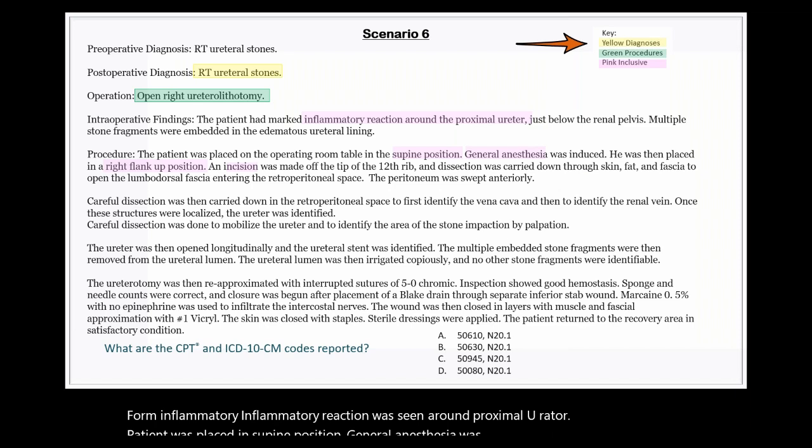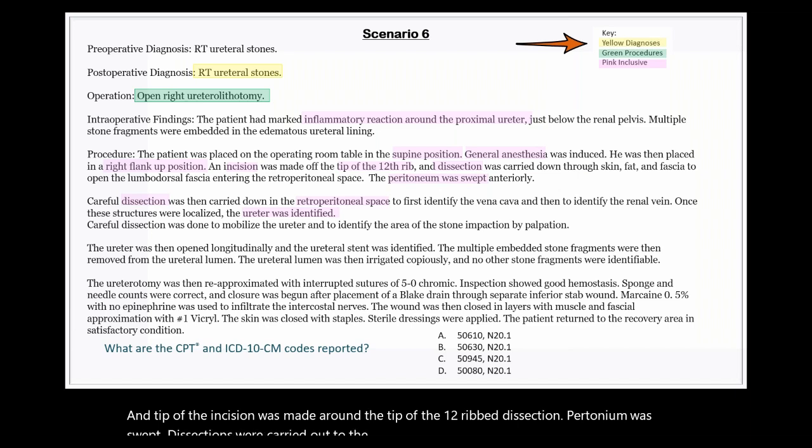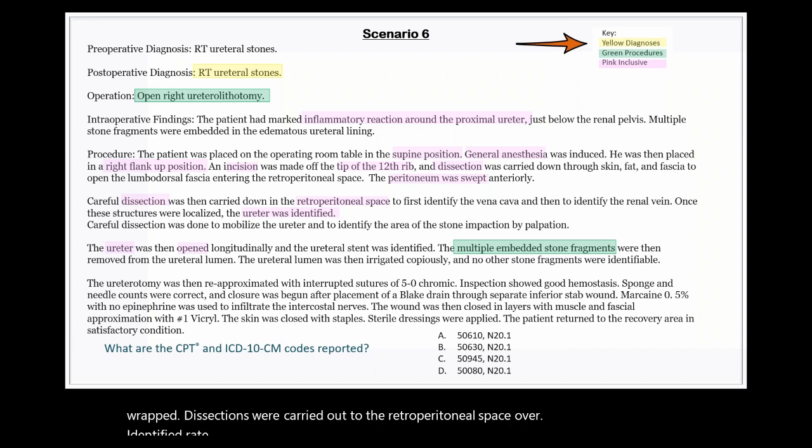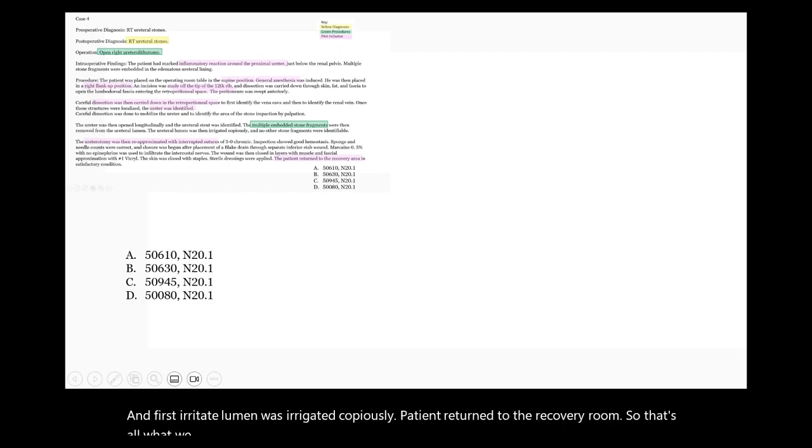Right flank up position, and the incision was made around the tip of the 12th rib. The peritoneum was swept and dissections were carried out to the retroperitoneal space. Ureter was identified. Ureter was opened, and multiple embedded stone fragments were removed. The ureteral lumen was irrigated copiously. Patient returned to the recovery room. So that's all what we have in this scenario.